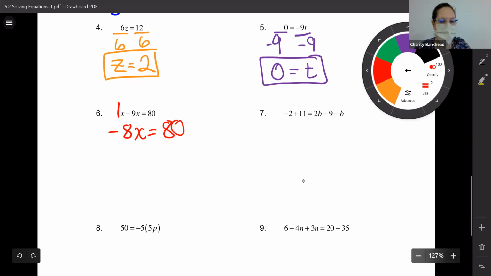All right. Then negative 8x means negative 8 times x. So the opposite of multiplying by negative 8 is dividing by negative 8. So then x equals negative 10.